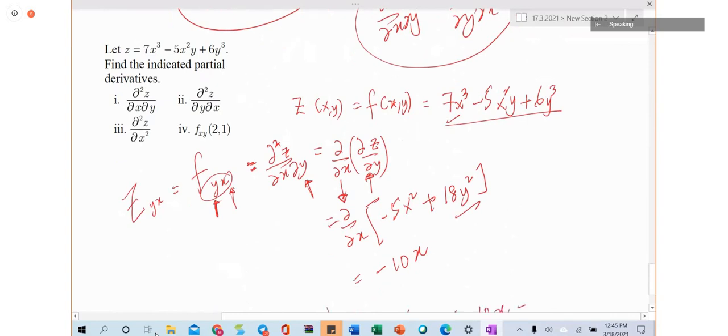Oh yes, I'm doing it wrong, I think. When you differentiate z with respect to y first, the first term is 0. I got confused.